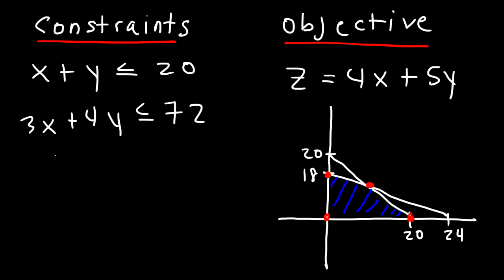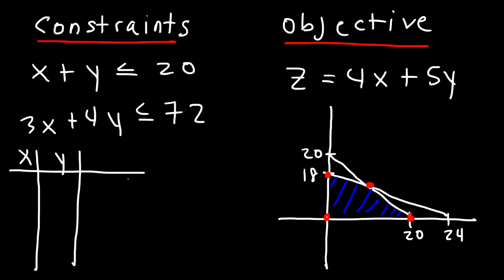Now what I like to do at this point is make a table. A table with x, y, and z. So this first point here, the x-intercept, x is 20 and y is 0. And for this second point, the y-intercept, x is 0, y is 18.